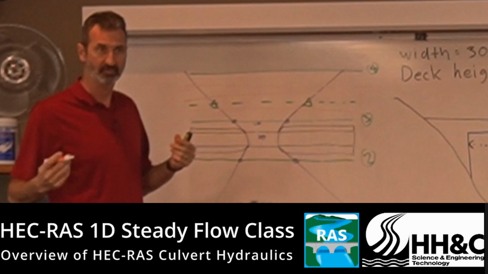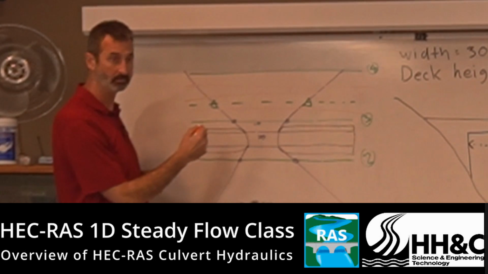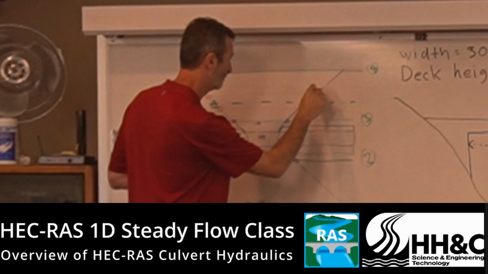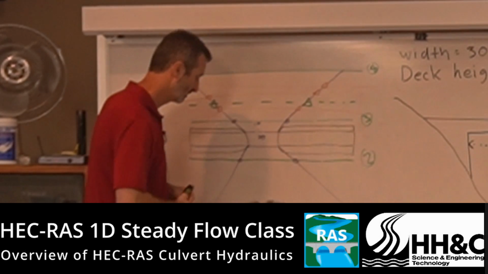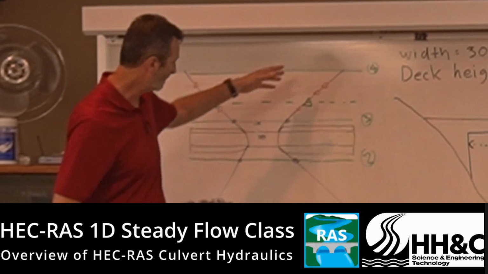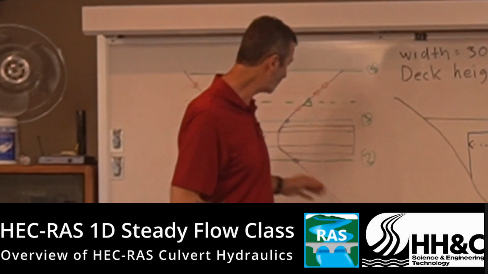Is that okay? Yeah, that's fine. What would you need to do? You would need to put ineffectives on all of them to achieve that by telling the 1D engine to contract the flow in that opening. And the same thing is true on the downstream side.